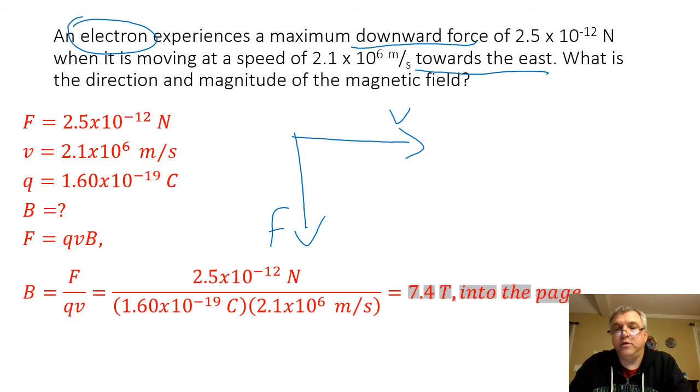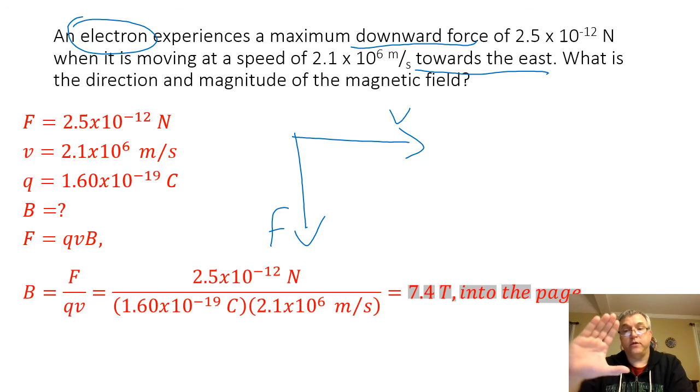Because it is a negatively charged particle, I want to use my left hand, so I'm going to use my right hand to demonstrate what the left hand should do. My thumb represents the force, so that wants to be oriented downward. My fingers represent the velocity, so those need to be pointing toward the right, and my palm will show me the direction of the magnetic field.